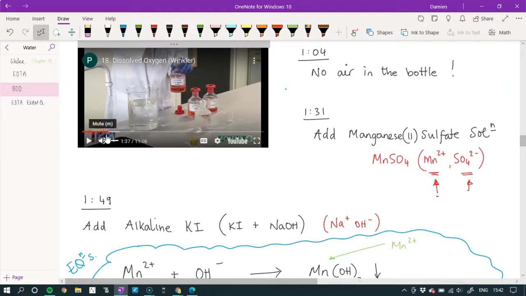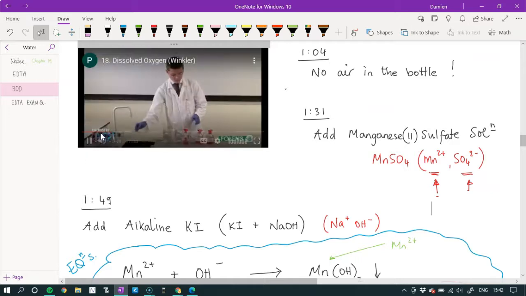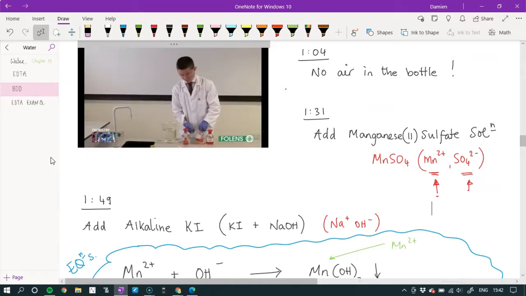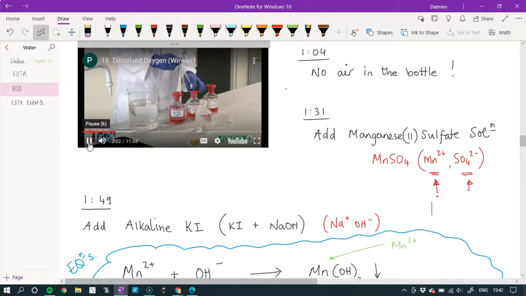Then at 1:49, on top of the manganese sulfate, we add alkaline potassium iodide. So that goes in next.